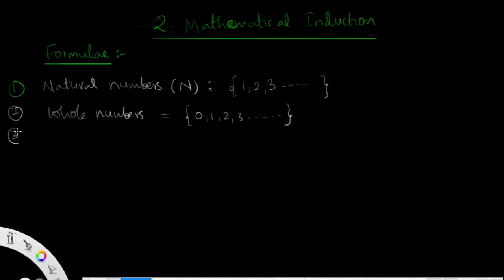And then the third one is integers, denoted by Z. Here 0, 1, 2, 3, and so on up to infinity in the positive direction, and negative numbers also up to infinity. So that is the set of integers.